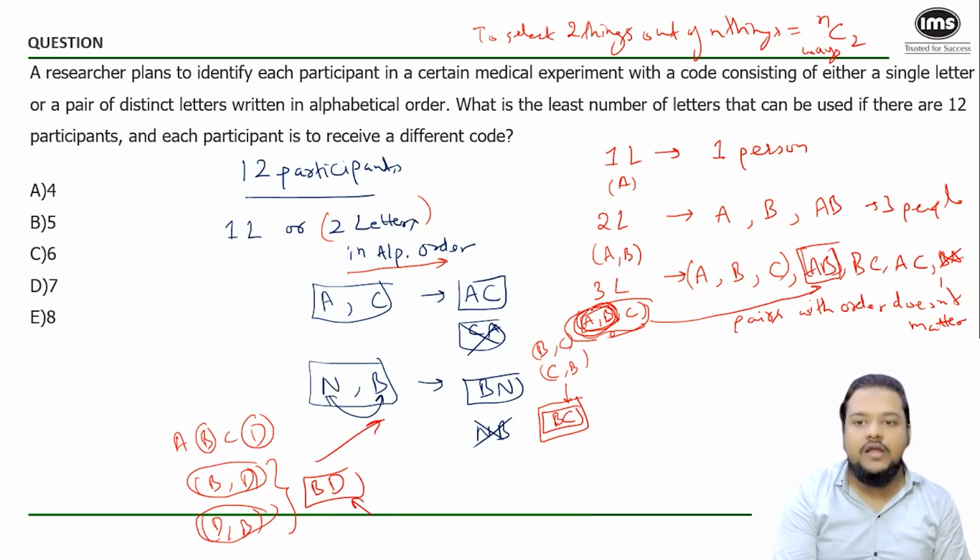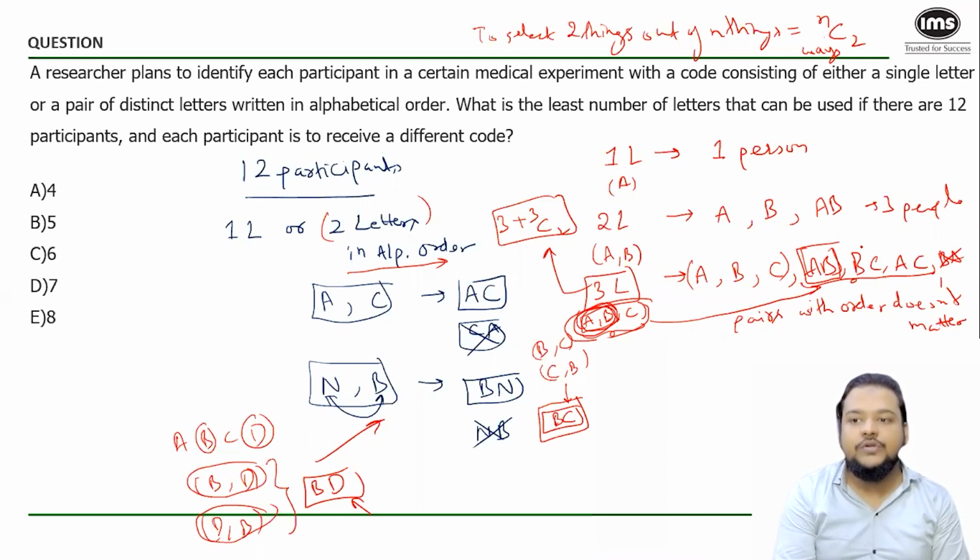Perfect. Now I think we are able to understand this. So from three letters, what can I conclude is we can make 3 plus 3C2 codes, right? Because what I did at the end is nothing but I tried to make pairs out of the available letters. So from three letters, how many pairs of two letters can be formed? 3C2.